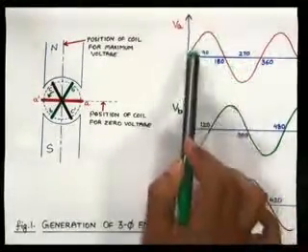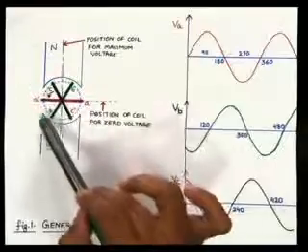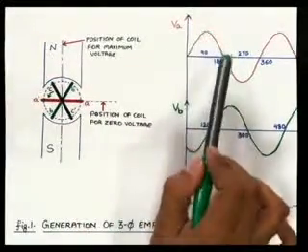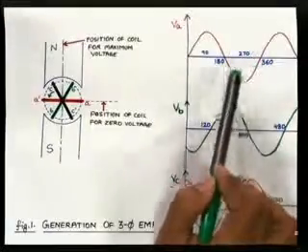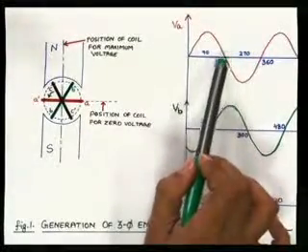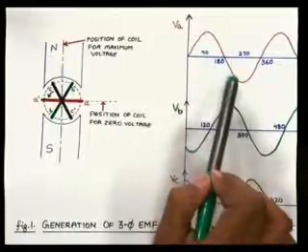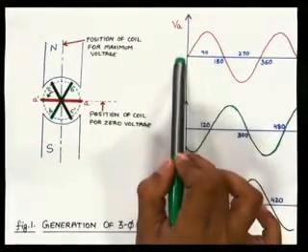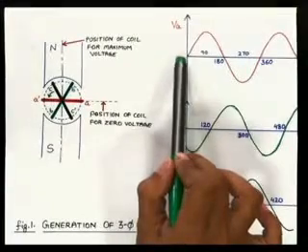So for one complete rotation, a coil passes under the influence of the north and south pole alternately. So we have the positive cycle of the wave and the negative cycle of the wave. Our voltage starts at 0 initially, at t equal to 0 or theta equal to 0.